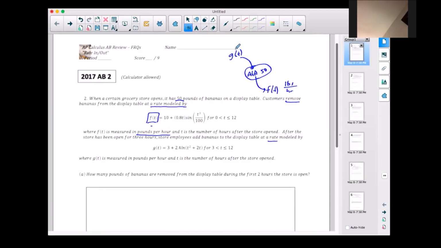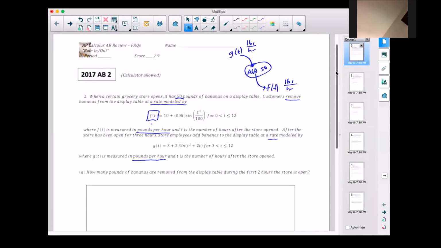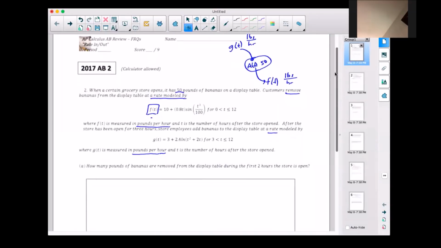And then G of t, which is the rate in, is also measured in pounds per hour. So if we have this information, this is going to help us solve a lot of problems, I think. So let's go ahead and use this, and then we're going to jump into part A.